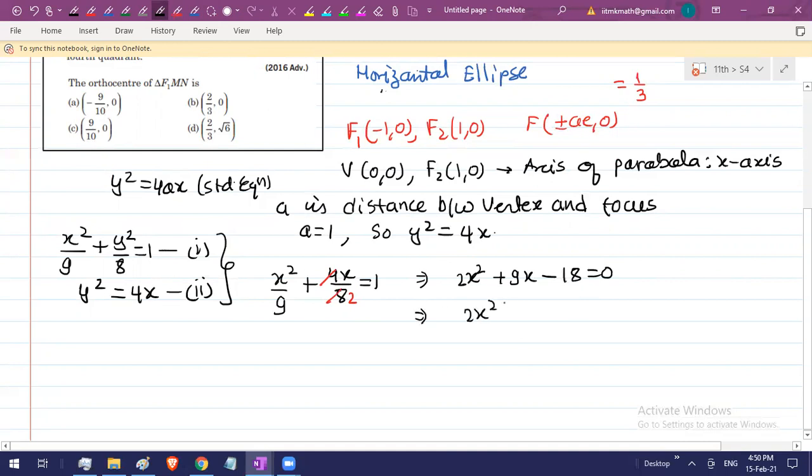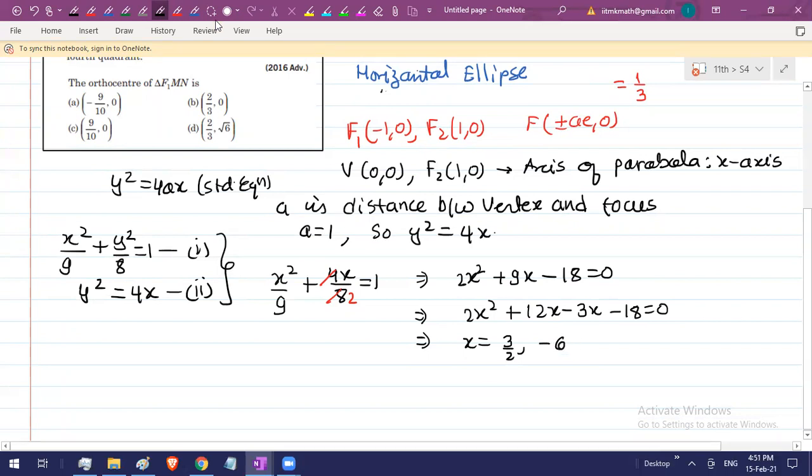So 2x square, and this is 36, so minus 36. If you split the middle term, you will get plus 12x minus 3x minus 18 is equal to 0. So you will get x is equal to 3 by 2 and minus 6.